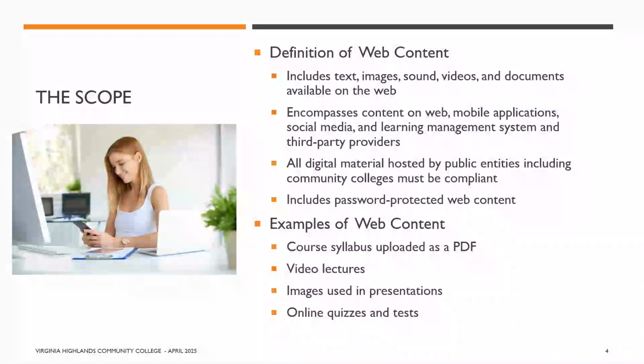These digital assets may be distributed through our Canvas learning management system, websites, and/or third-party providers. Importantly, even content that requires a login is still subject to these requirements. Examples of web content include things like a course syllabus uploaded as a PDF, video lectures, images used in presentations, and online quizzes and tests.